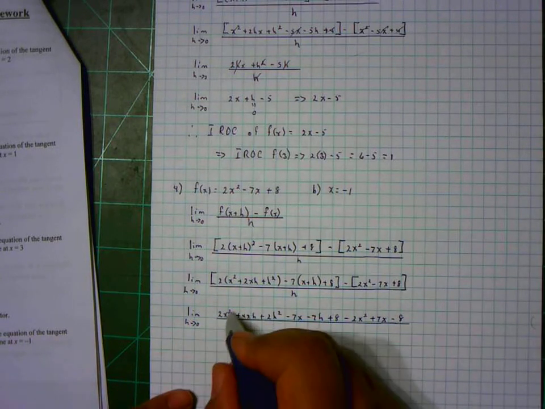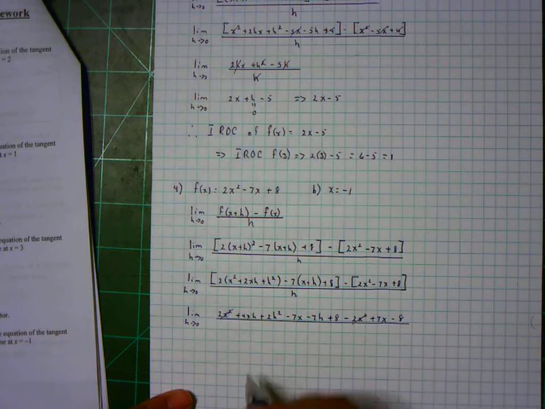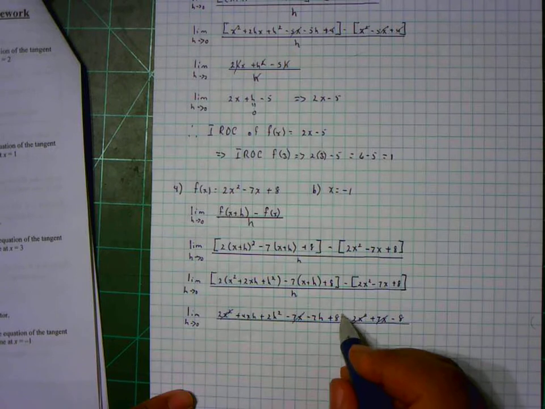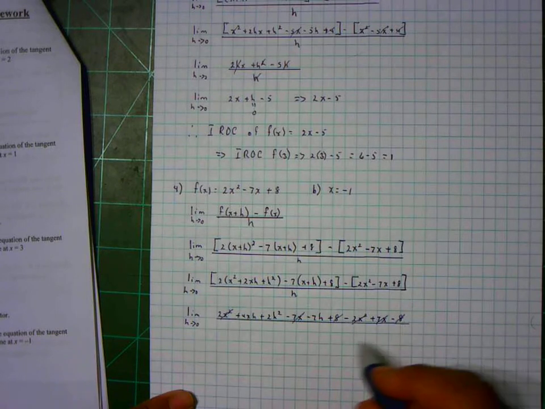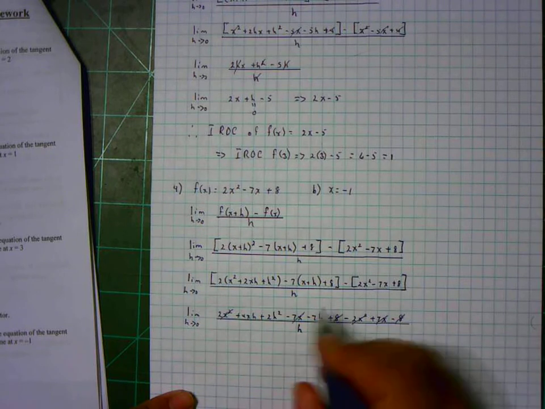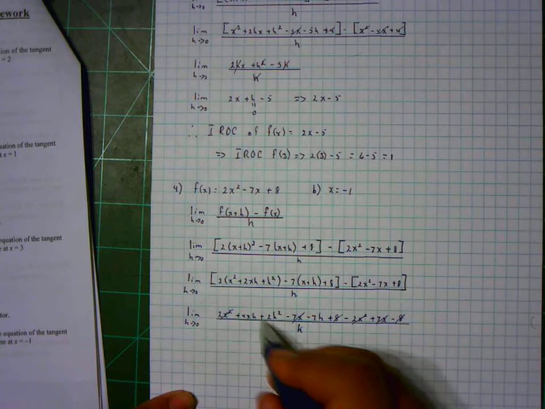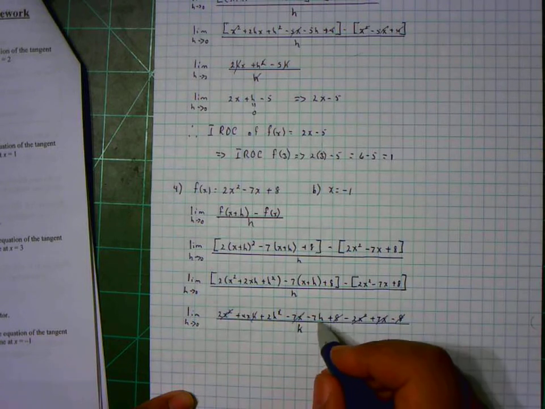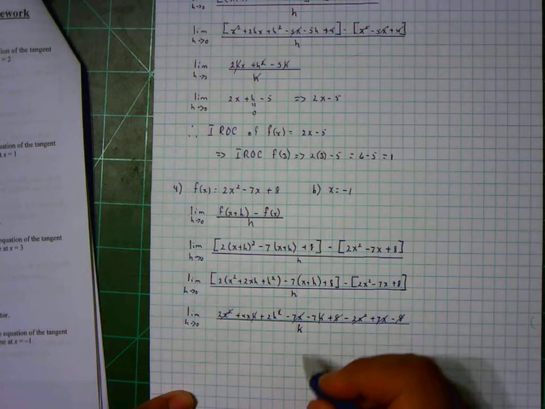And we can clean this up. 2x squared minus 2x squared, negative 7x, positive 7x, 8 minus 8. And this is divided by h. So I can go through and do that too. The h disappears here. This is h squared, so one of those h's is gone. And this is gone.